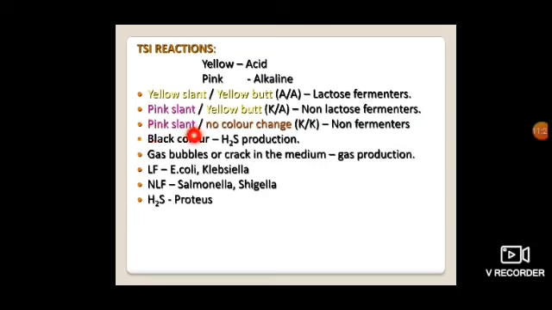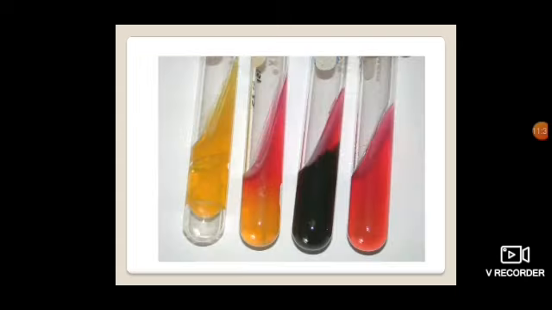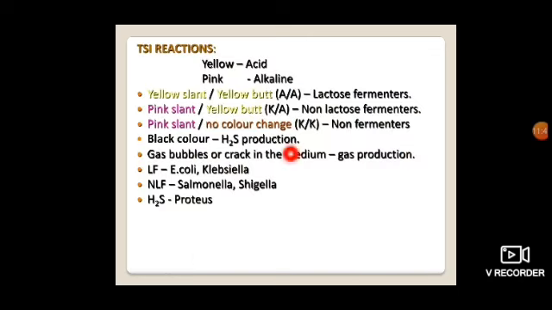If the slant is pink and there is no color change, then it is a non-fermentation process. Here the slant is pink with no coloration, simply black, so it is called a non-fermentation process.